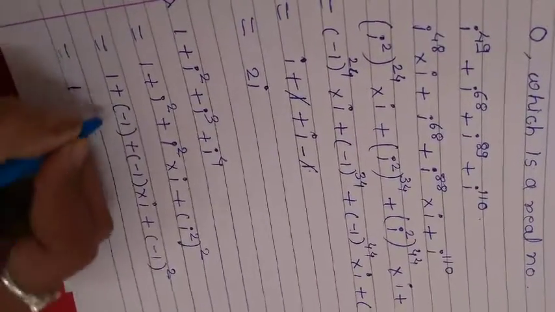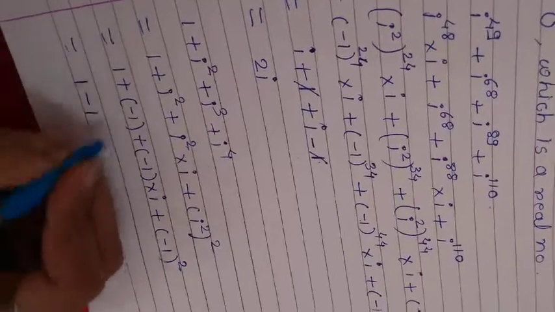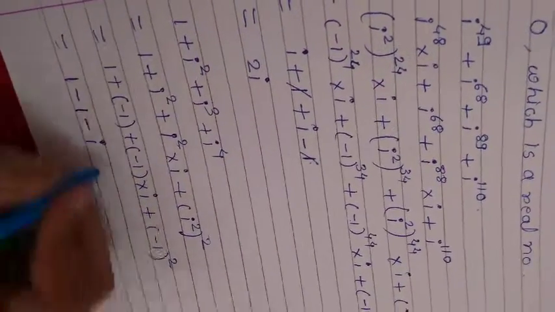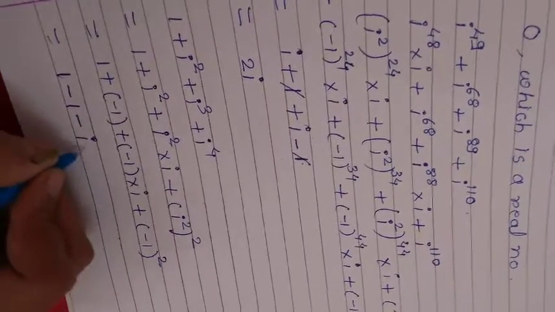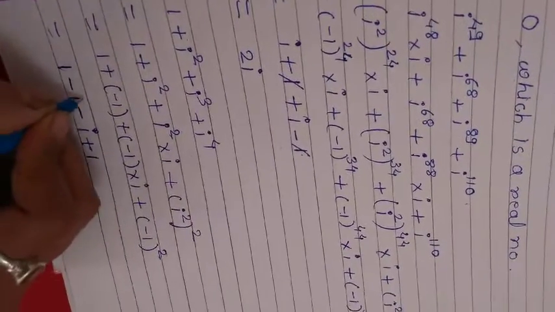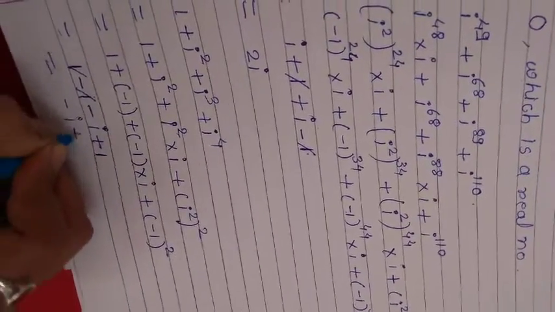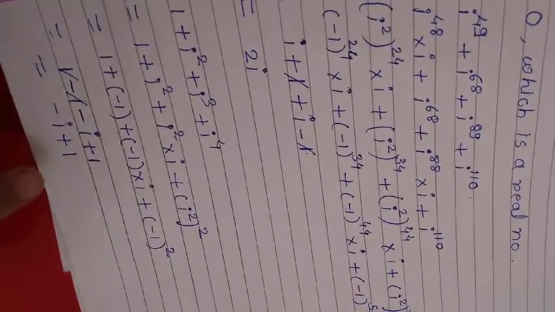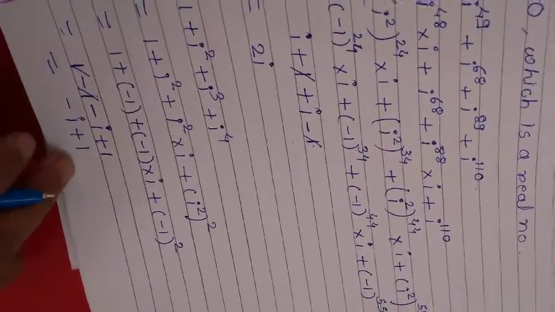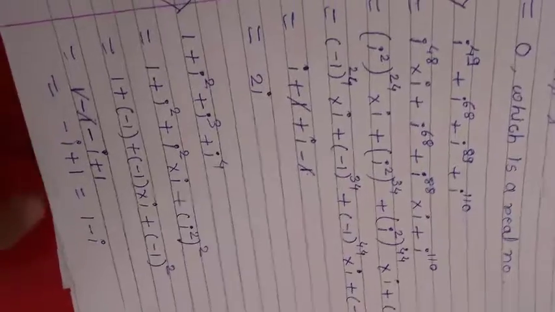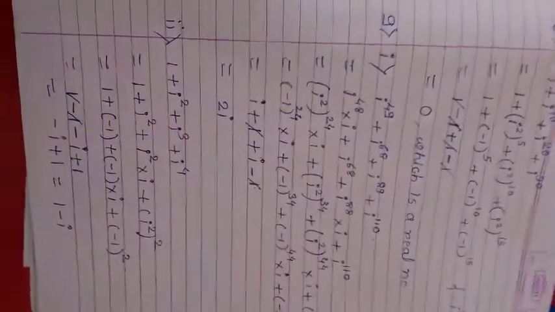So this is 1, this is minus 1, plus into minus means minus, this is minus i, and this is (minus 1) square means plus 1. So minus 1 plus 1 cancel. So minus i plus 1, we can write as 1 minus i. So this is the value for this question.